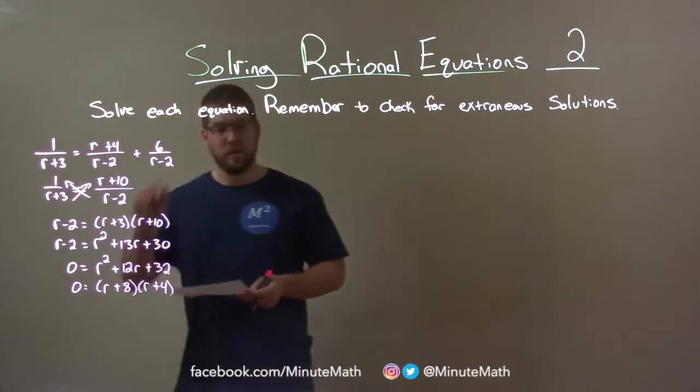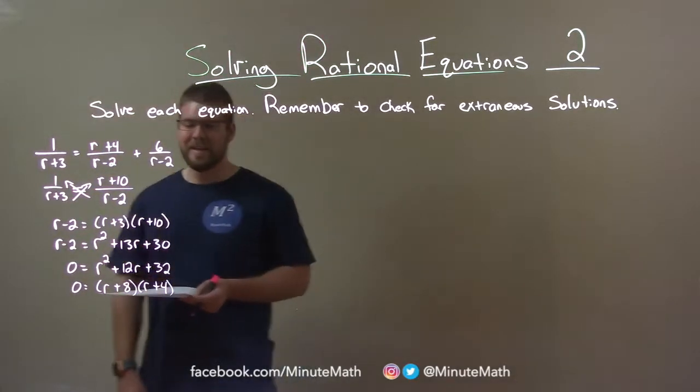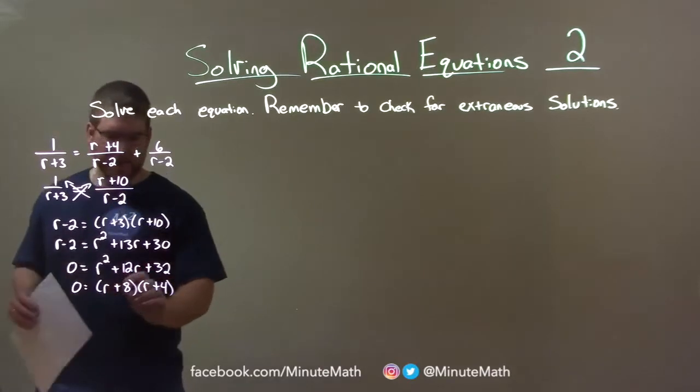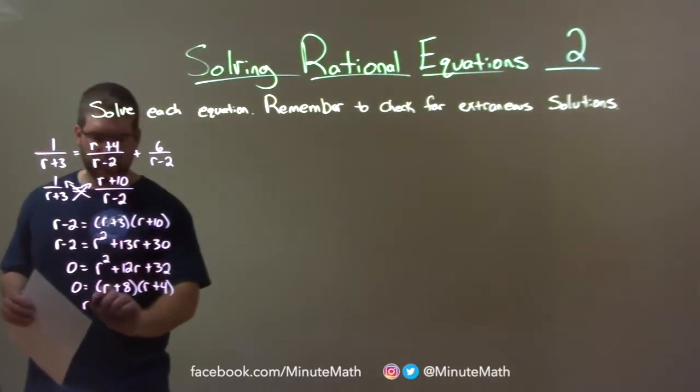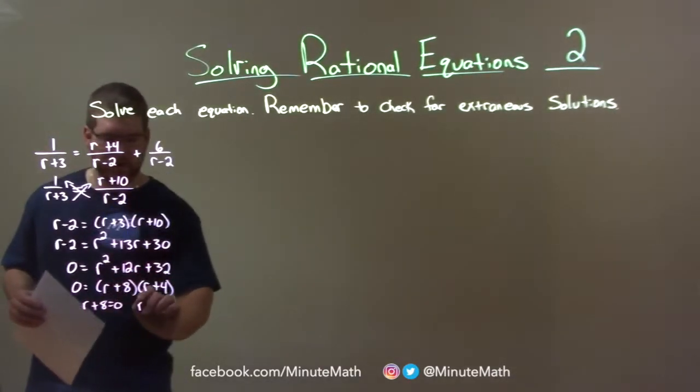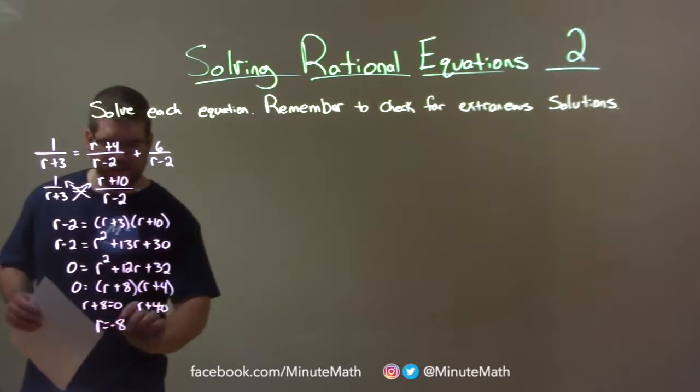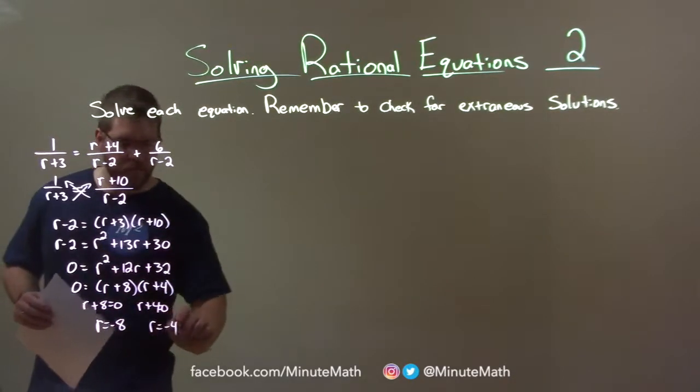What two numbers multiply to be 32 but add to be 12? That's 8 and 4. All right, set both of those now equal to 0. r plus 8 equals 0. r plus 4 equals 0. And so r equals negative 8, and r equals negative 4.